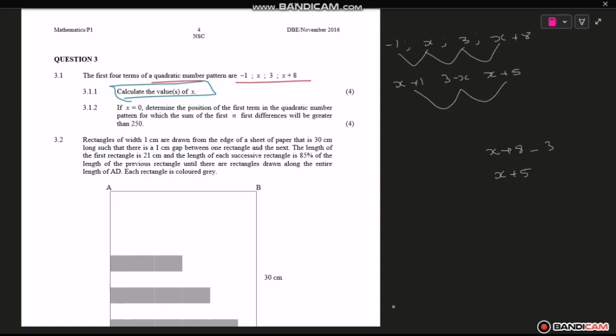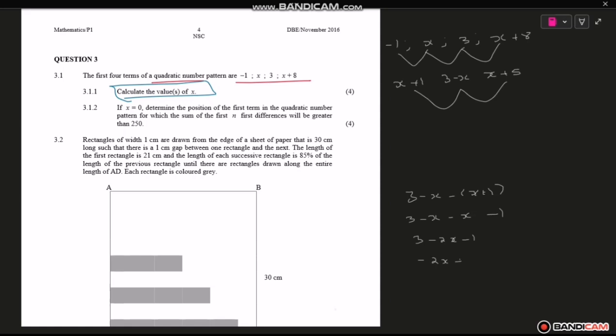Therefore you can actually solve the second difference. We have 3 minus x, minus x plus 1. Therefore we're going to have 3 minus x minus x minus 1, which is 3 minus 2x minus 1.